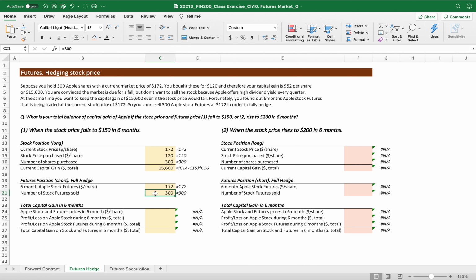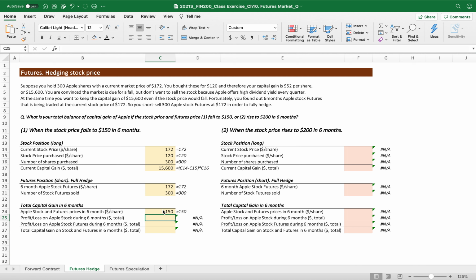Now the total capital gain in 6 months. Now in 6 months it actually falls to 150. Then let's take a look at what happened in the capital gain from the stock price changes and the futures. Apple stock and futures price in 6 months is 150.